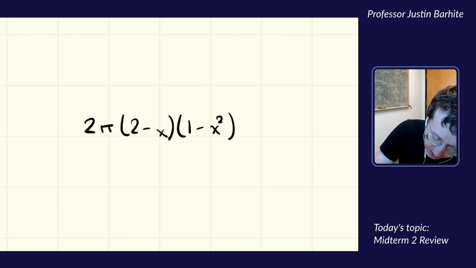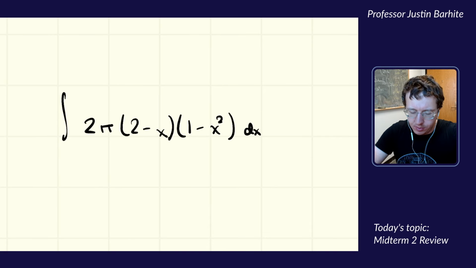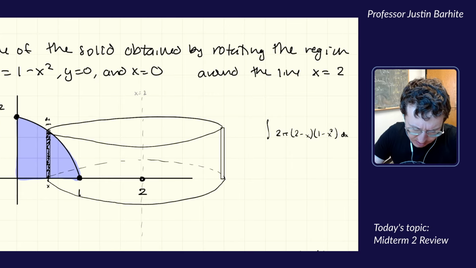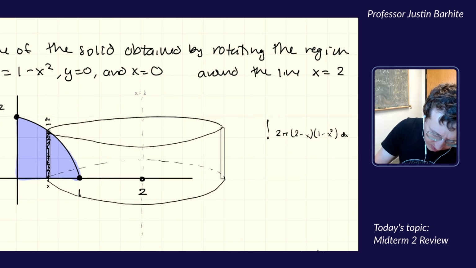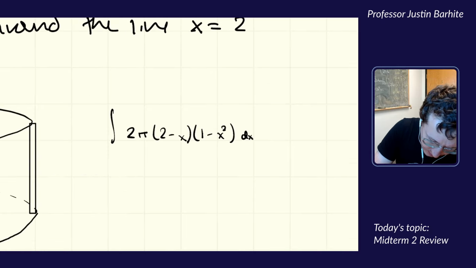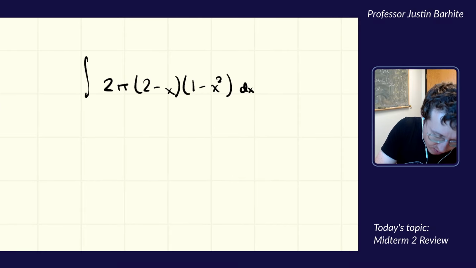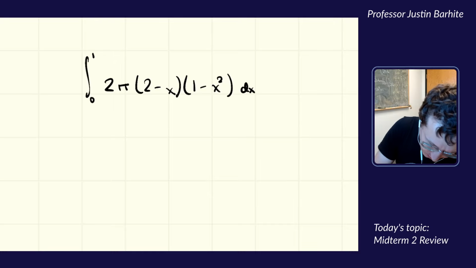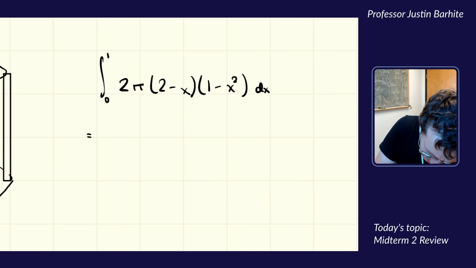That's dx. And then all we have to do is add them all up, which means writing an integral sign, and the bounds on my x values are from 0 to 1. So this is the integral that we need to do.